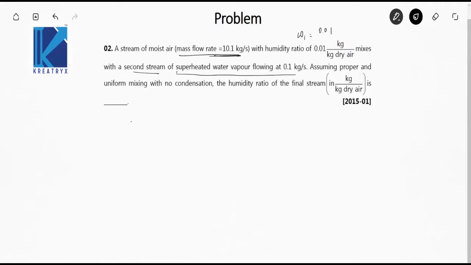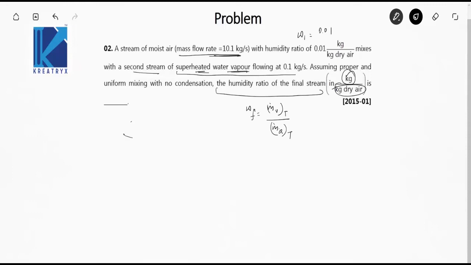The second stream is superheated water vapor only. Assuming proper and uniform mixing with no condensation, we have to find the humidity ratio of the final stream in kilogram per kilogram of dry air. Omega is equal to m dot v total upon m dot a total. This is the humidity ratio of the final stream.